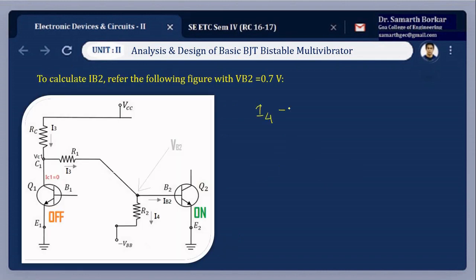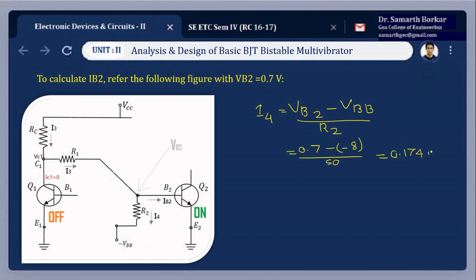I4 equals VB2 minus VBB divided by R2, so it is 0.174 milliamperes. From I3 and I4 we can calculate the value of IB2. It is I3 minus I4, and the answer is 0.752 milliamperes.